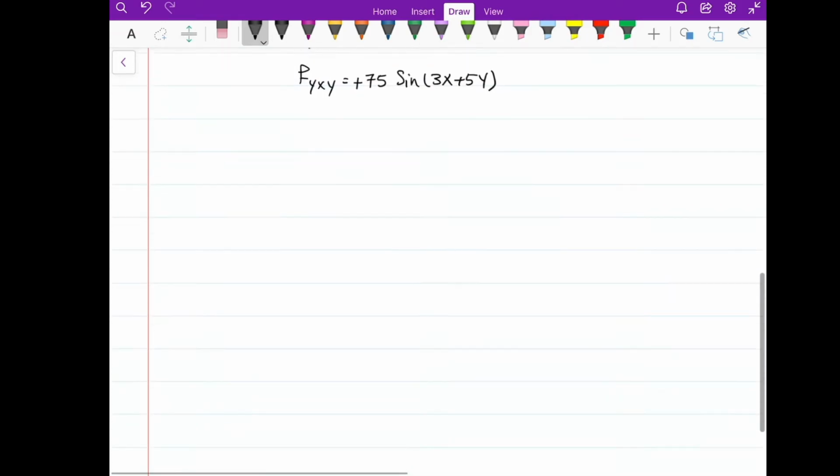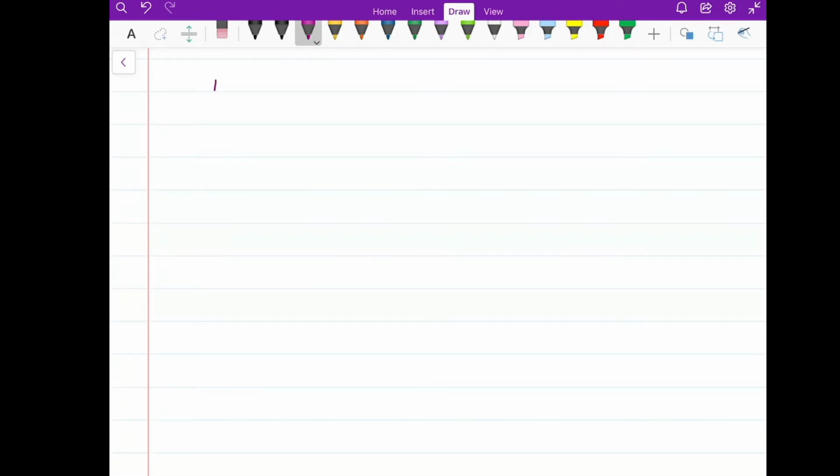Okay, and the next example would be f of x and y equal to cosine of 4 over x times e to the x squared y minus 4y cubed. And now let me take the derivative of that with respect to x.